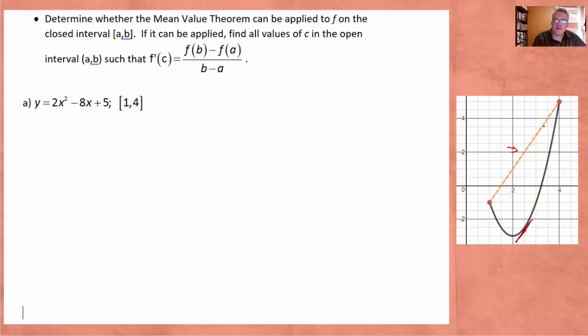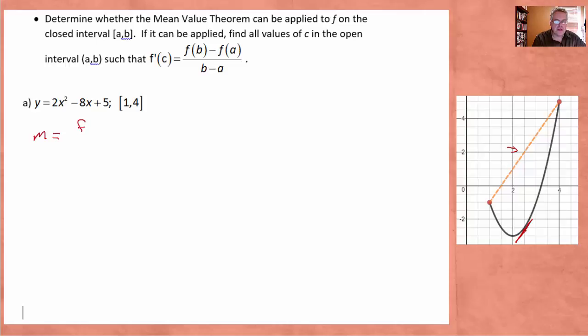So right here, this orange dashed line is the segment between the endpoints, and somewhere around here the derivative is going to equal that slope. So we're expecting to find a point in between 2 and 3 where the derivative equals the slope of this dotted line. The first step is to figure out the slope between the endpoints.